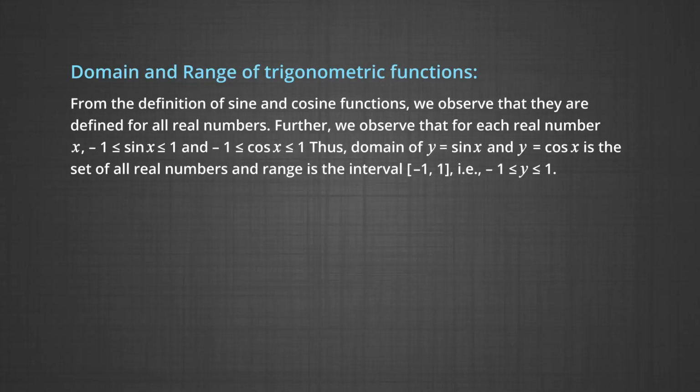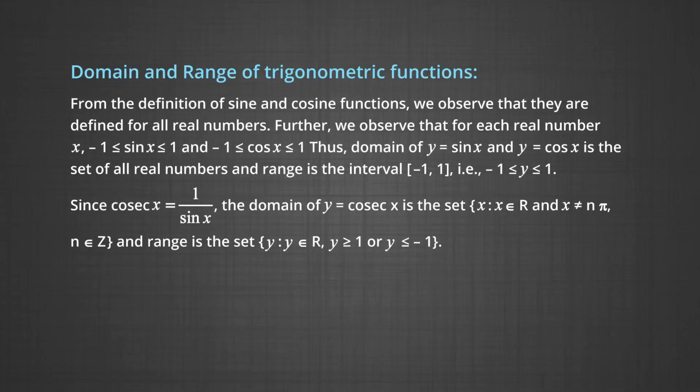Thus, the domain of y = sin x and y = cos x is the set of all real numbers, and the range is the interval minus 1 to 1, that is, minus 1 is less than or equal to y is less than or equal to 1.